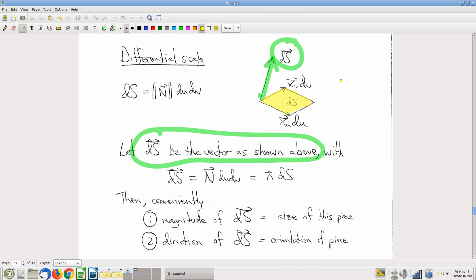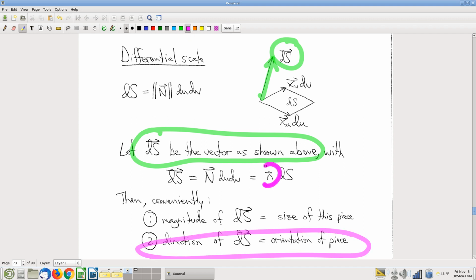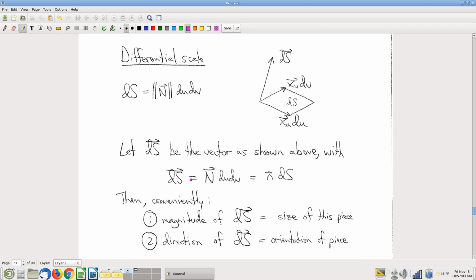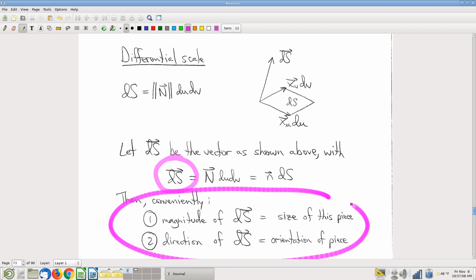What direction does this ds vector point? It's the direction of the unit normal vector, which tells me the orientation of that piece of surface. The unit normal vector, by being perpendicular to the surface, tells you how the surface is oriented in space. So it's a very natural object, this ds vector. It has all these nice properties.